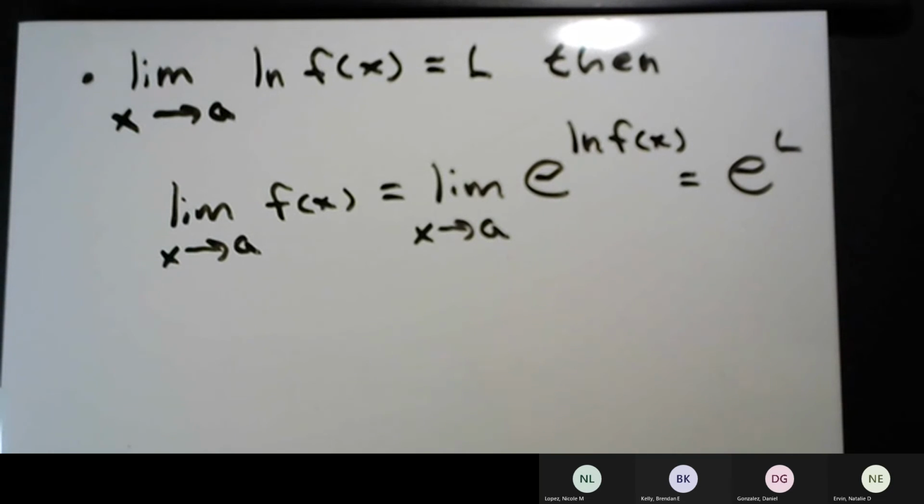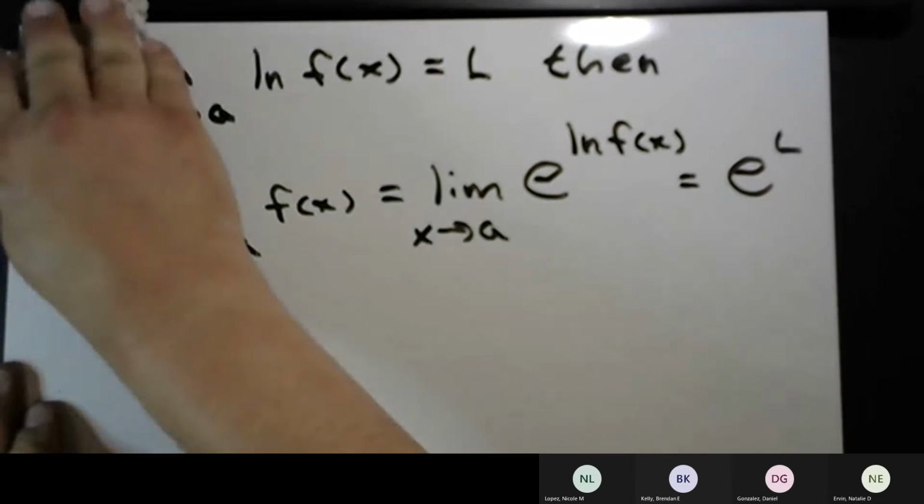Now again, we've seen this one before when we tried to evaluate x to the x. So let's see here. Let's try a different one. Let's say we have this.